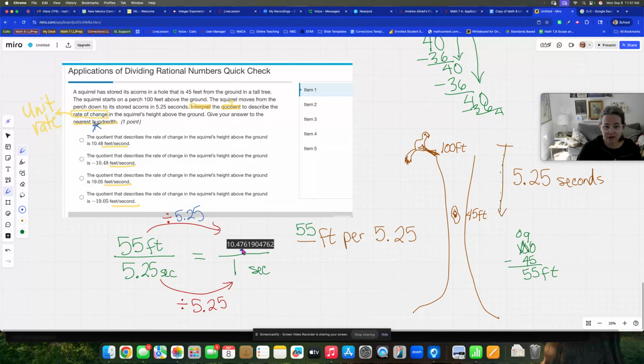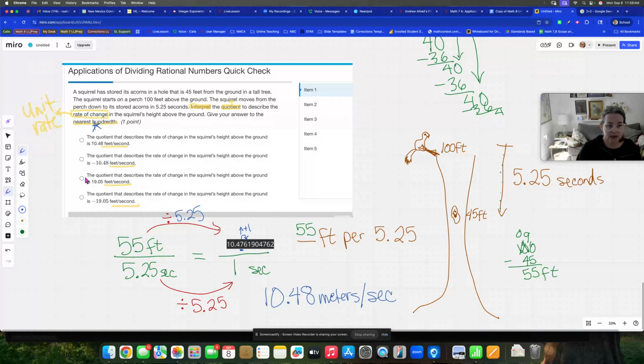That's the 7. I'm going to look next door. The 6 is next door. Is it 5 or more? Yes. Okay, so raise the score. I'm going to raise the 7 up to an 8. Okay, so if I raise it up to an 8, I get 10.48, and that is in feet per 1 second.